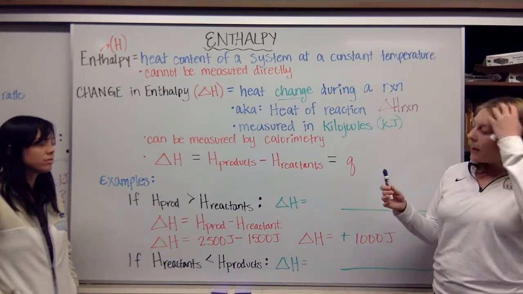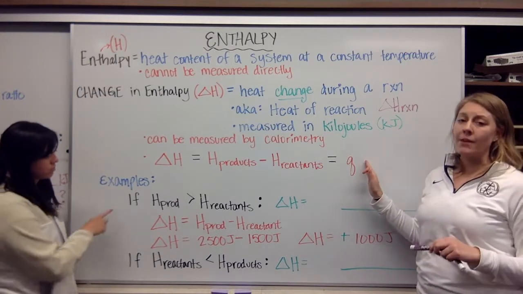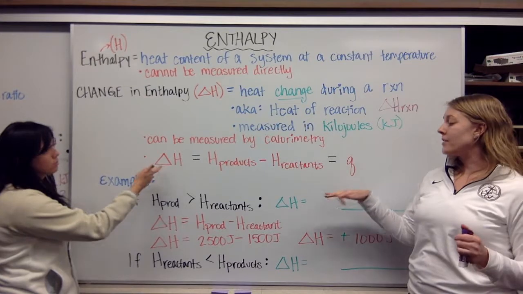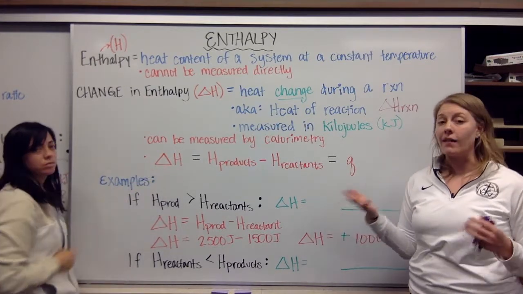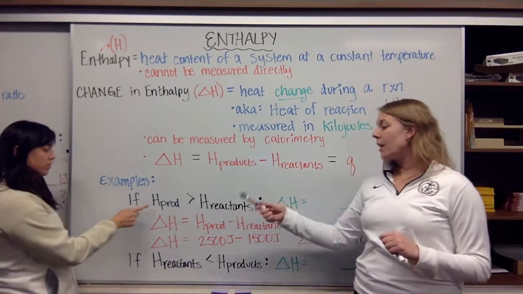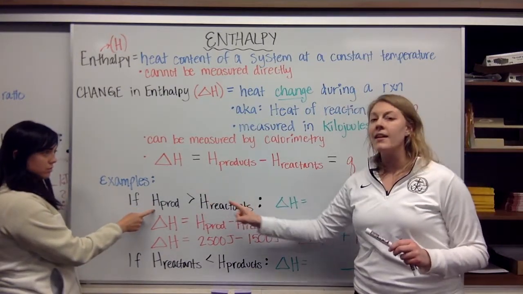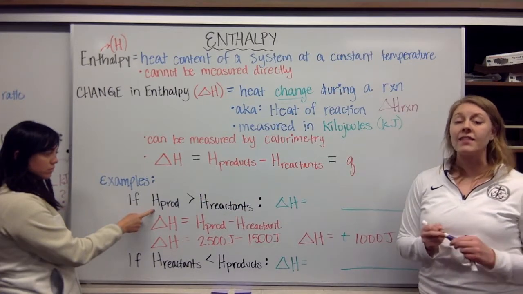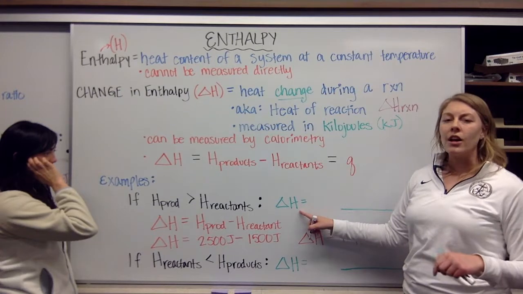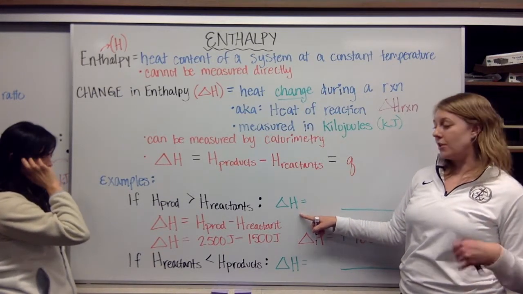So, how we're looking at this little equation. Remember that we talk about Q being either positive or negative. We talk about delta H also being either positive or negative. How we figure this out is if the heat of products is greater than the heat of reactants. Now remember, we're not calculating these. But if the enthalpy of products is greater than the enthalpy of the reactants, are we going to have a positive or a negative change in enthalpy?